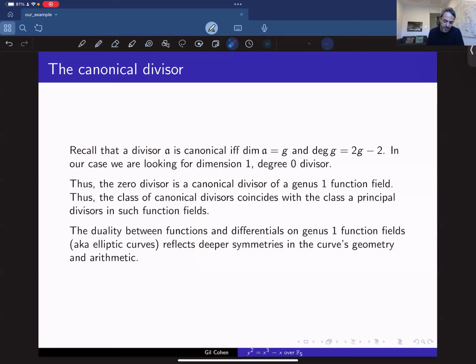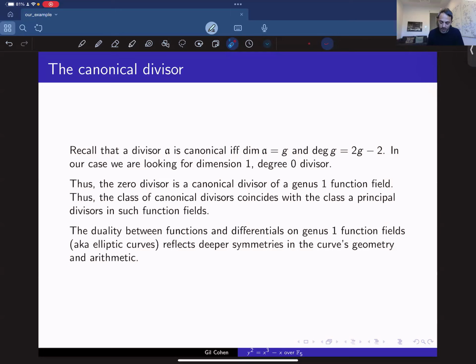Because any principal divisor has degree 0 and dimension 1, so it participates together with 0 in the same class. So there is a weird coincidence here: the class of canonical divisors is the same as the class of principal divisors. And the class of principal divisors corresponds to functions, and the class of canonical divisors corresponds to differentials. So this means that there is some duality in genus 1 function fields between functions and differentials.